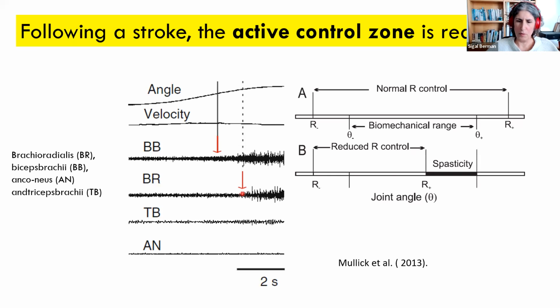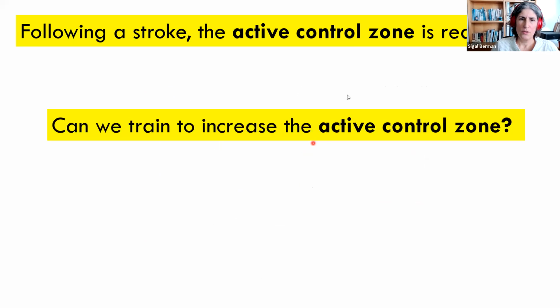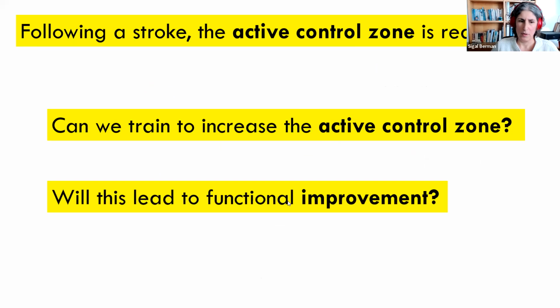The control zone of this patient with stroke is smaller than the biomechanical range. So the active zone is reduced. Perhaps we can train to increase the active control zone. And then, of course, assuming that we can, perhaps this would lead to functional improvement.